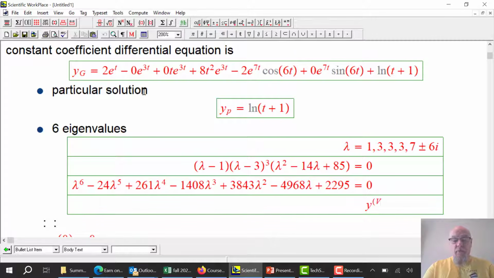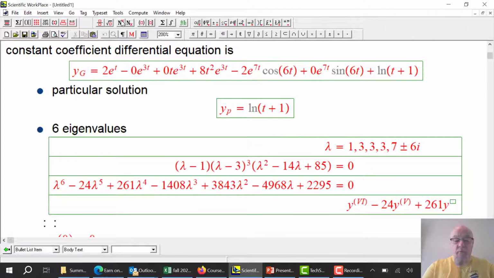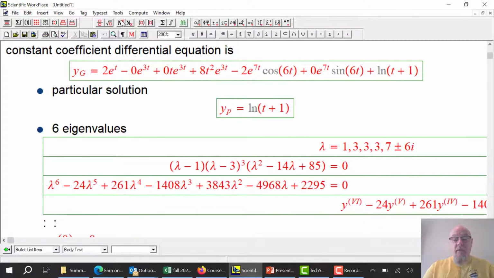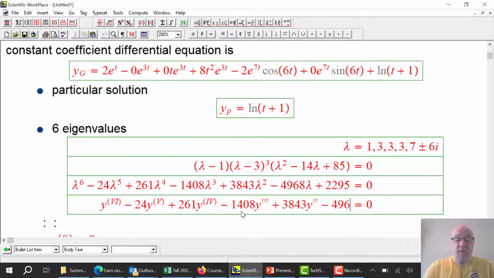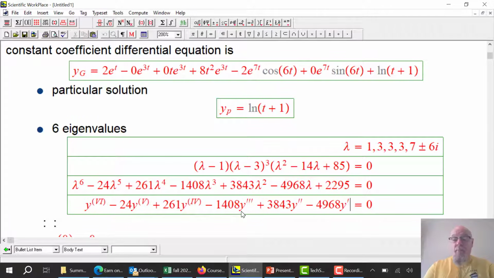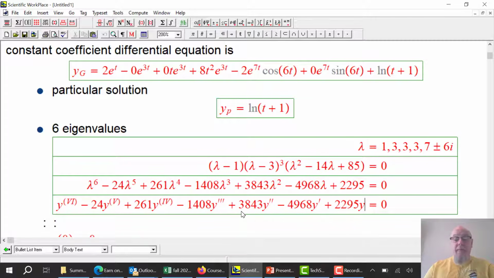So that's going to be Roman numerals, the 6th derivative, minus 24 times the 5th derivative for the lambda to the 5, plus 261 y, let's keep with the Roman numerals, minus 1408 y prime prime prime, plus 3843 y prime prime for the lambda squared, minus 4968 y prime for lambda, and finally that 2295 should just have a y in it.